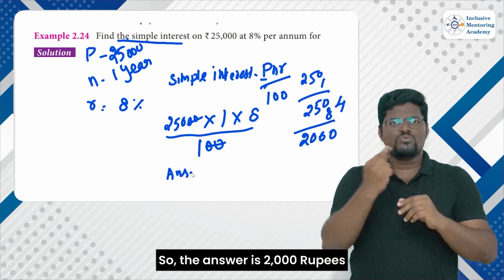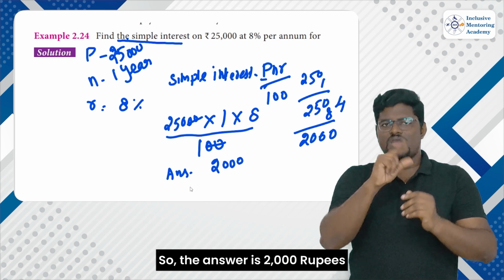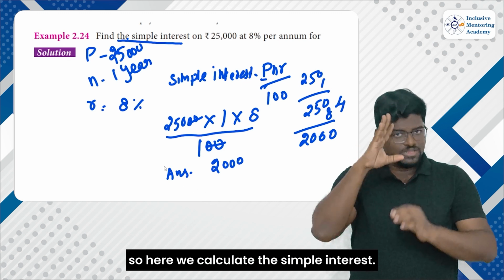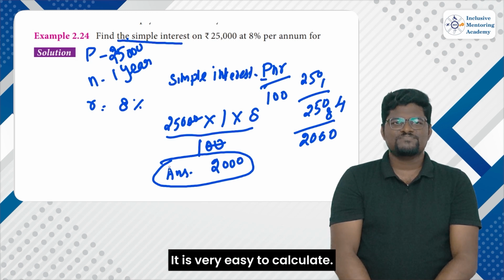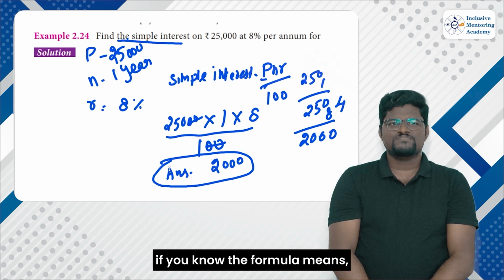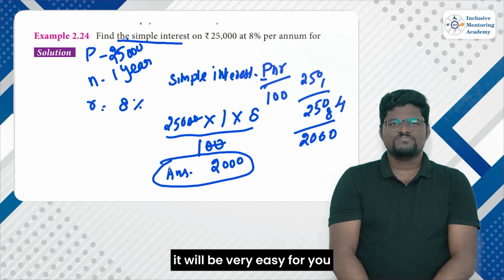So the answer is 2000 rupees. Simple interest is 2000 rupees. It is very easy to calculate if we know the formula.